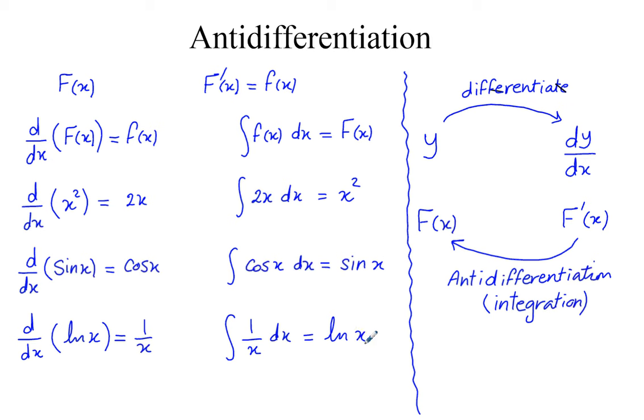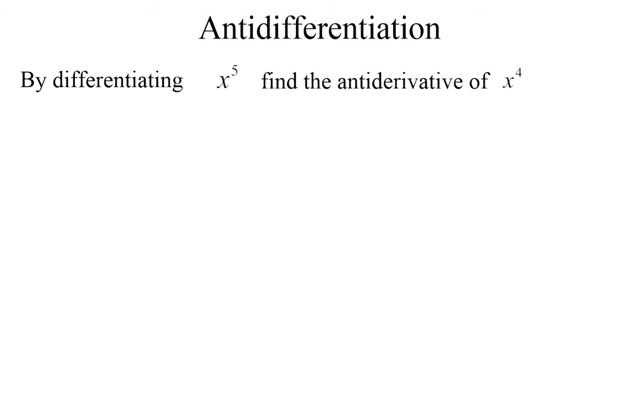So remember that the antiderivative is the reverse operation of the derivative, or the anti-differentiation is the reverse operation of differentiation, or integration is the reverse process of differentiation. Let's look at some examples.